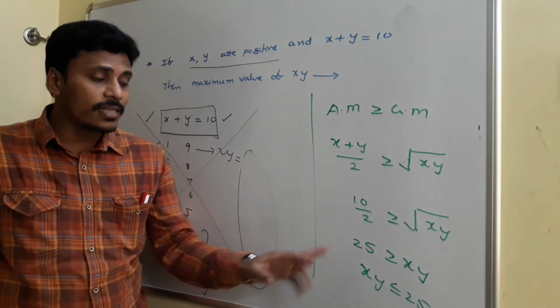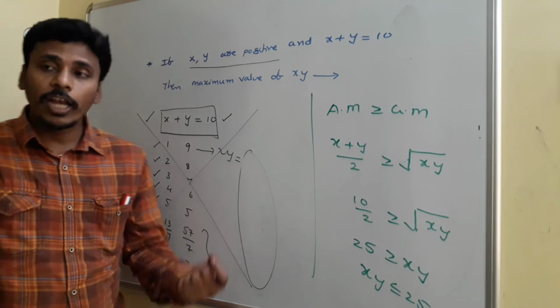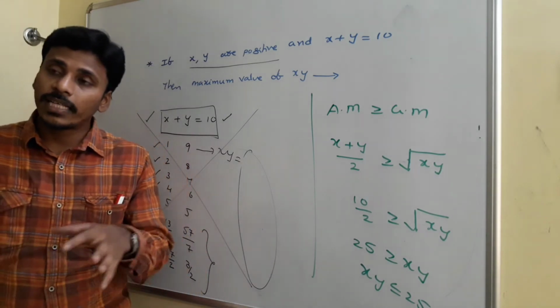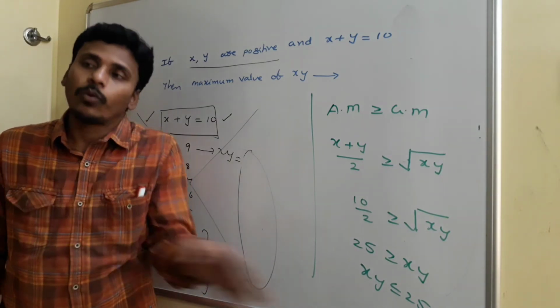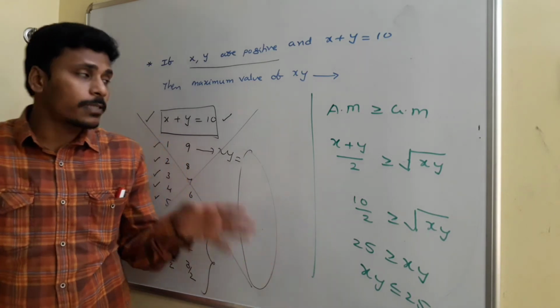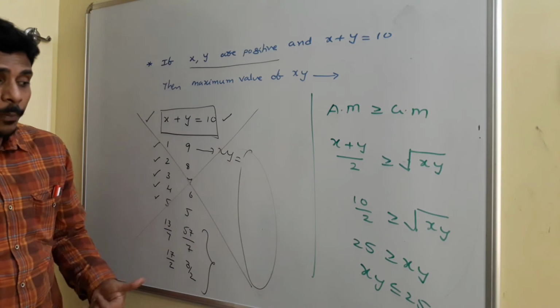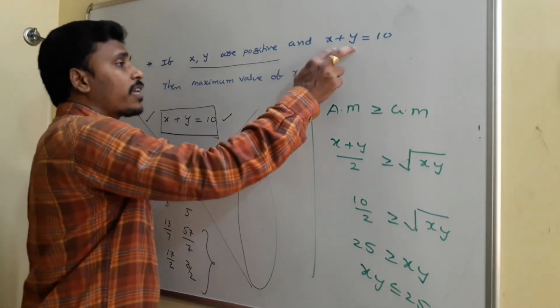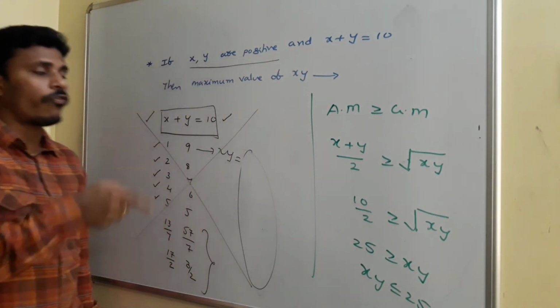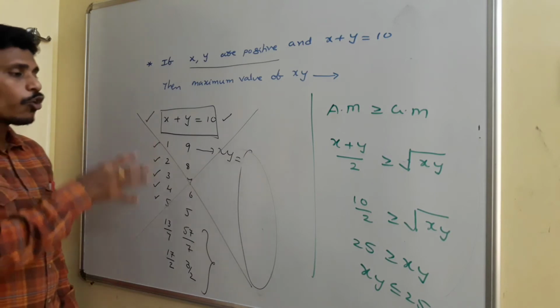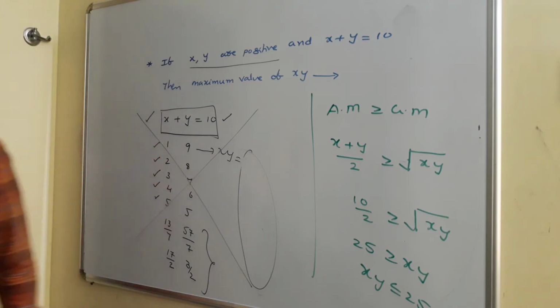Since xy is less than or equal to 25, the value of the product x and y is either 25 or less than 25. That represents that the maximum value of xy is 25. Is it right? It happens only if x and y are equal. They are equal to 5, then only it happens. Have a look at the problem.